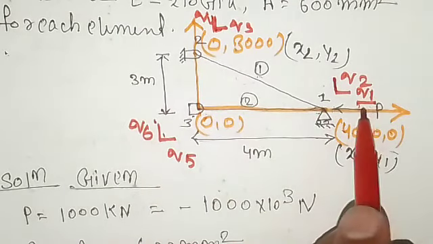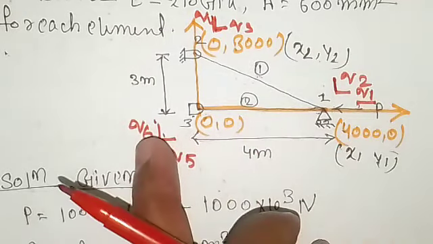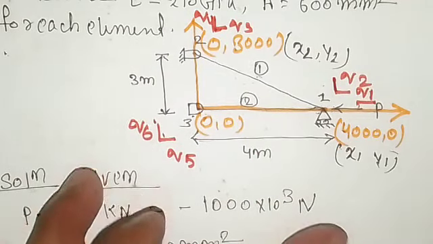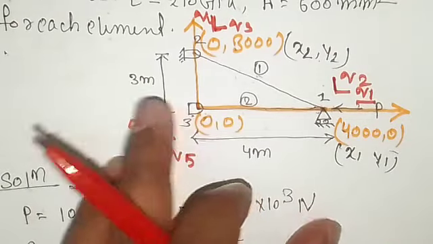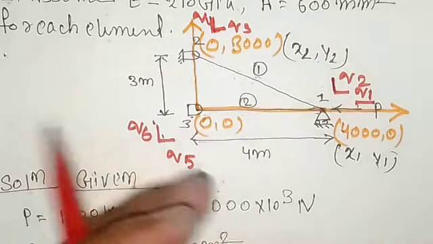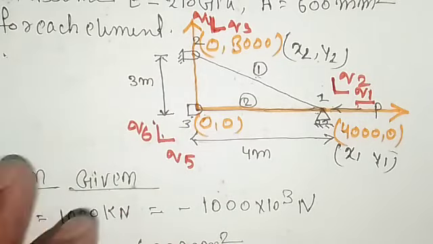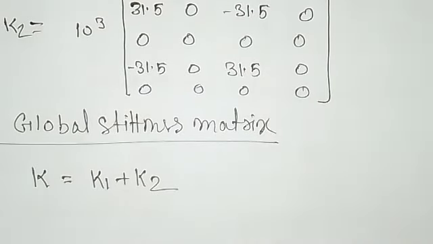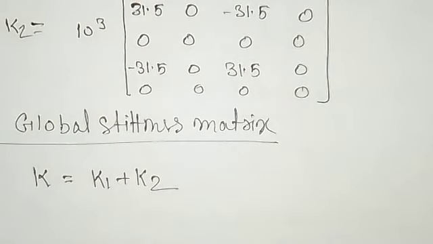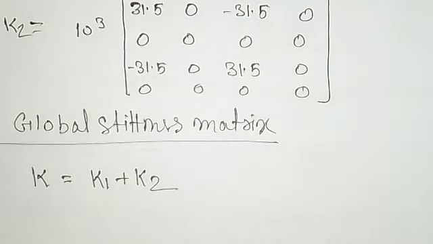So with 3 nodes, the total nodal displacement is 6. So the final matrix, that is the size of the matrix after addition, will be 6 by 6, right? If the number of nodes is 4, then the size of the matrix will be 8. If the number of nodes is 2, the size of the matrix will be 4, right? Just twice.